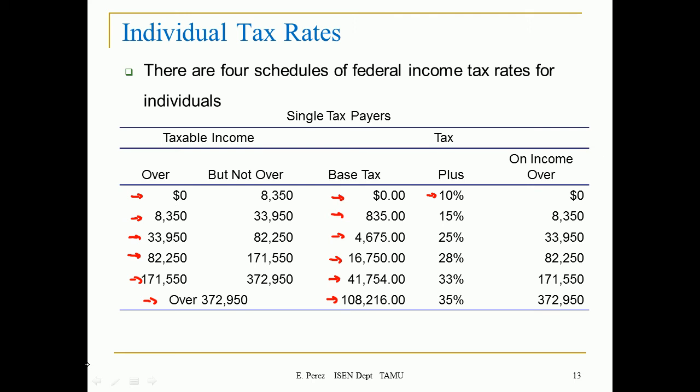But in general, if you are within the range from 0 to $8,350, the base tax that you're going to have to pay is 0, but you will have to pay 10% of any income over $0. So if you make $1,000 a year, then you're going to have to pay 10% of that in taxes. And that applies also for the other ranges.